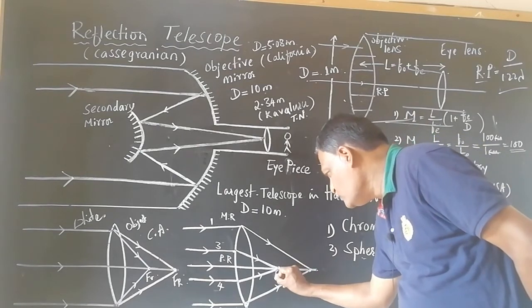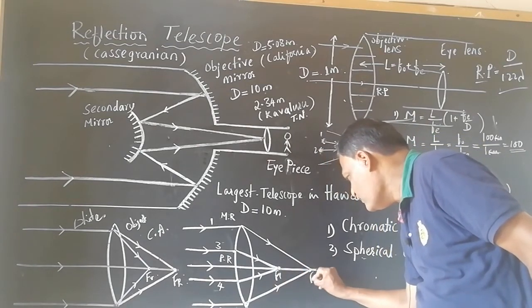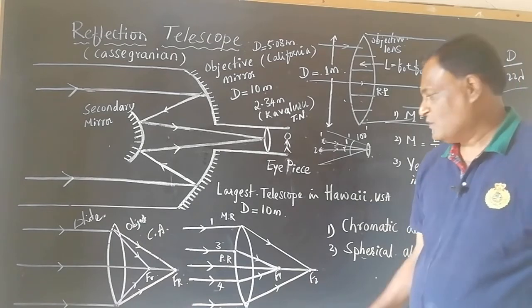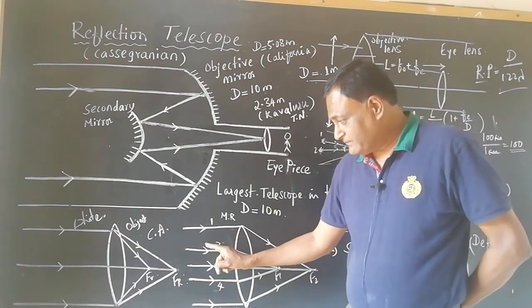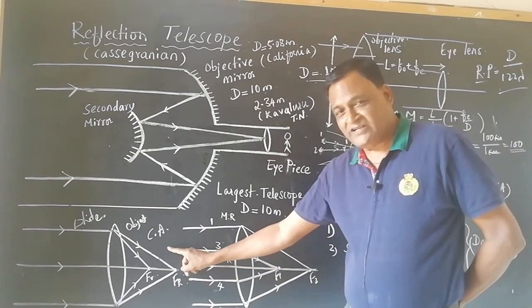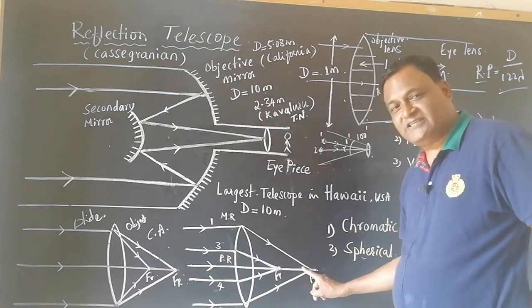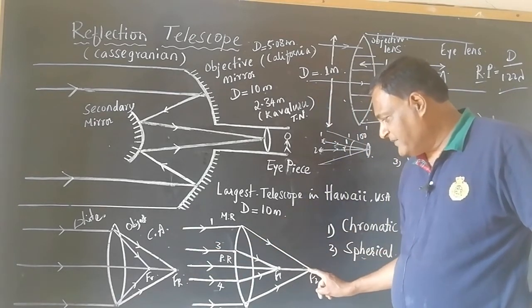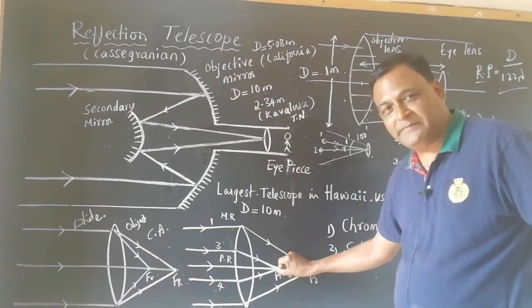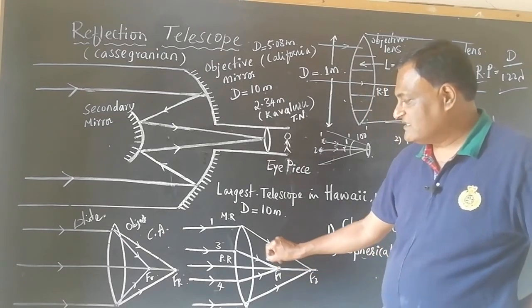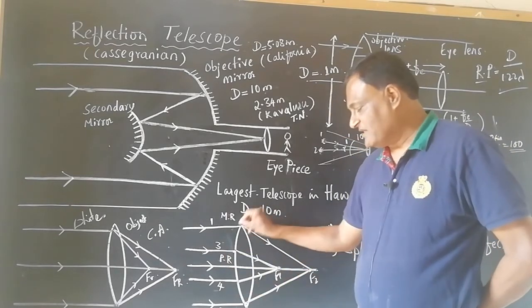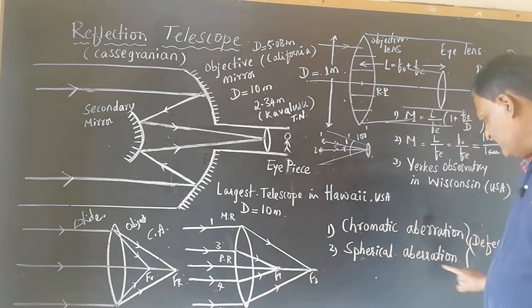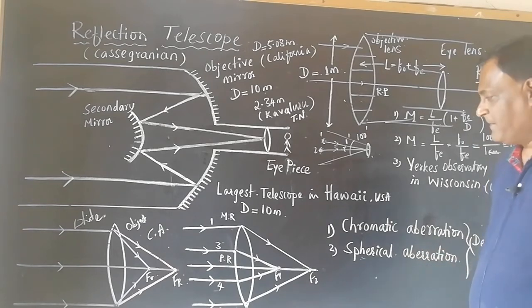Then there are two foci, F1 and F2. The object is of one shape, the image will be of another shape, and a blurred or diffused image we do get in a telescope due to this particular defect called spherical aberration.